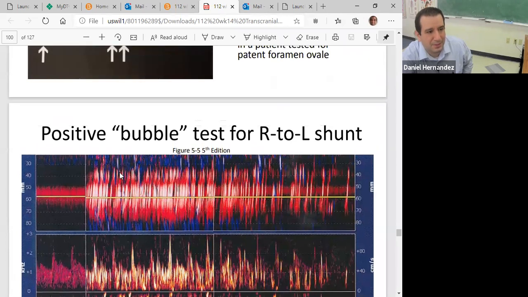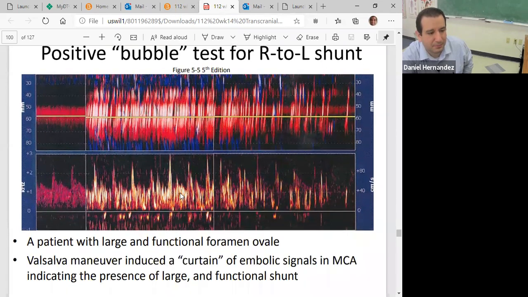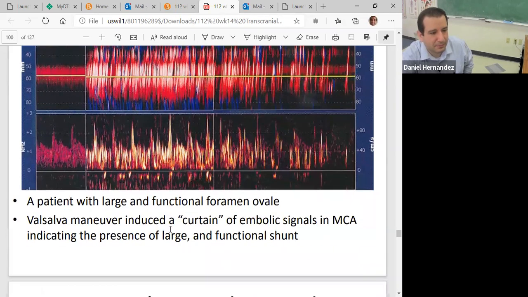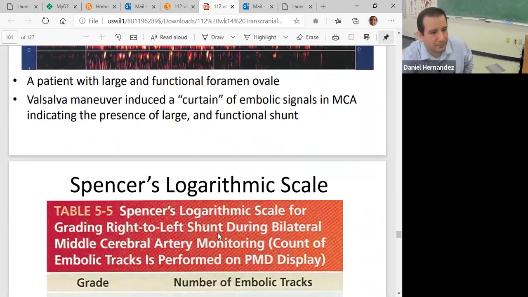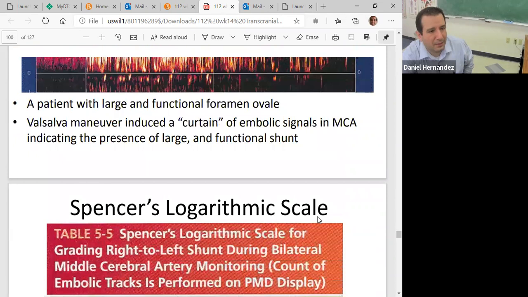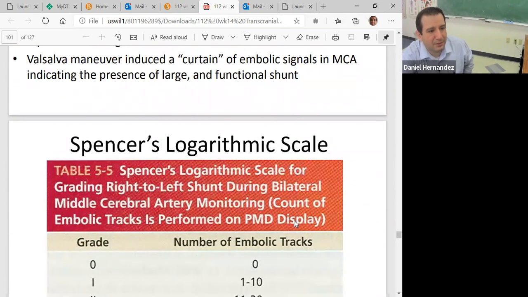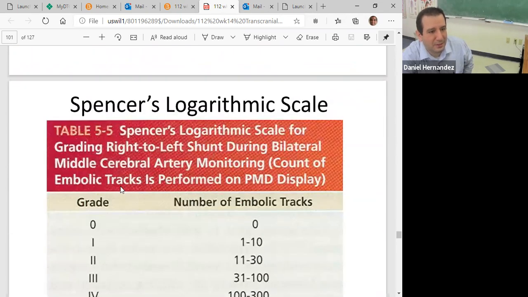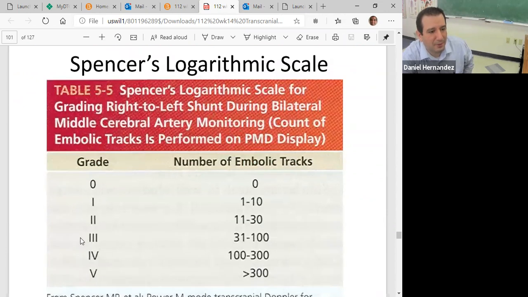When we have the Valsalva, we get a large crossover of those microbubbles. So this is just a chart that we found that grades the PFO based on the number of hits.